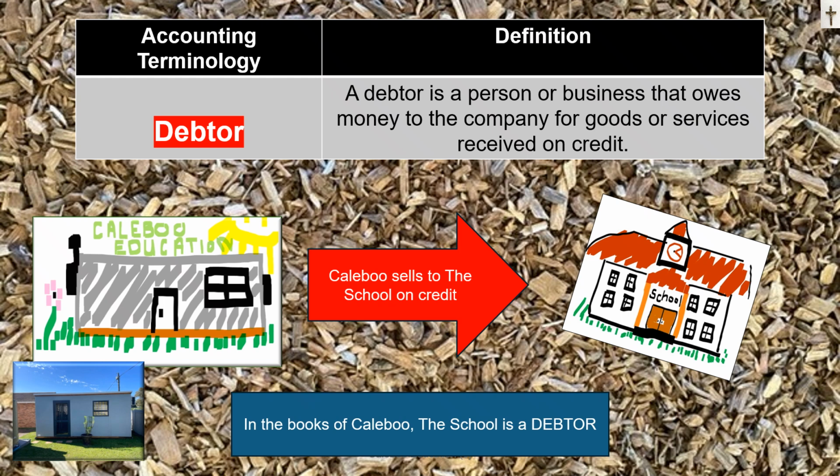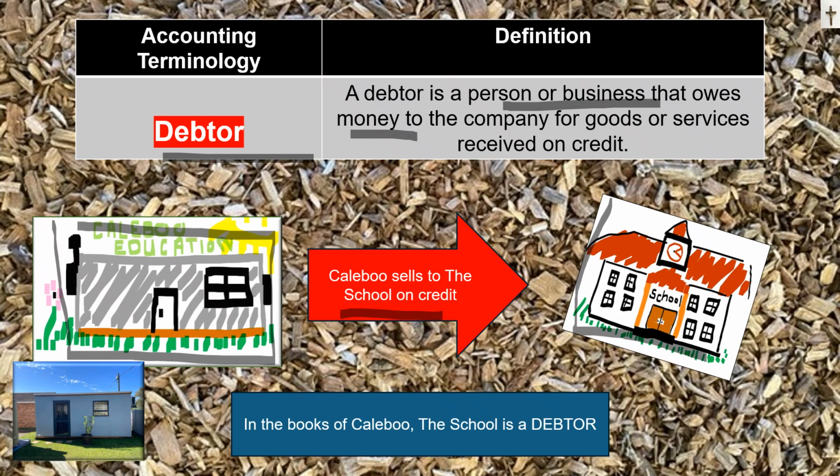Right, what is a debtor? A debtor is a person or business that owes money to our business because we have sold to them on credit. For example, Calibu Education sells to a client of theirs, the school, on credit.